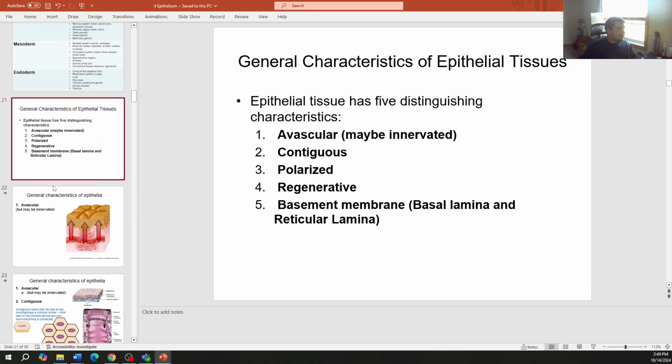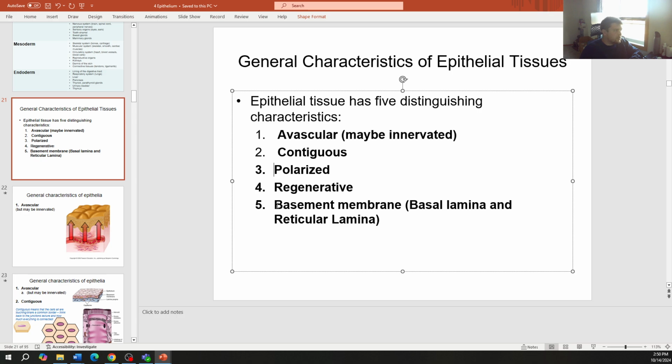So, in general, for epithelial tissues, there are 5 specific characteristics that we talk about in order to recognize epithelial tissue. First of all, they are avascular. Avascular, meaning the A is without vascular vessels, so they do not have blood running directly to them or through them.